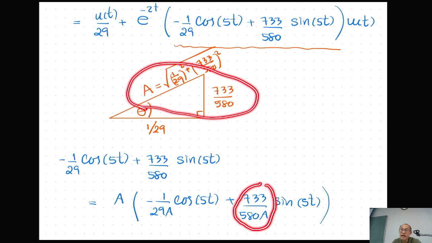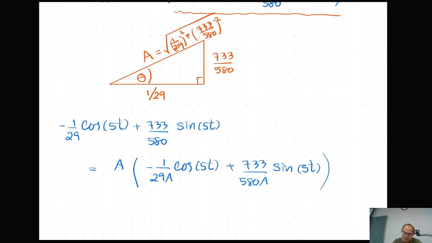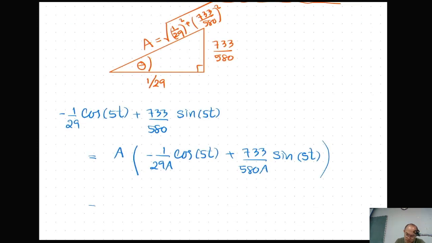So I have equal to minus A, then cosine of 5t times cosine theta minus sine of 5t times sine theta.